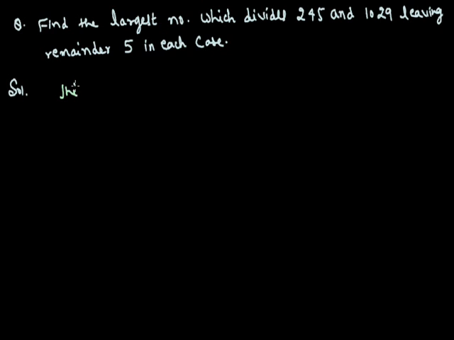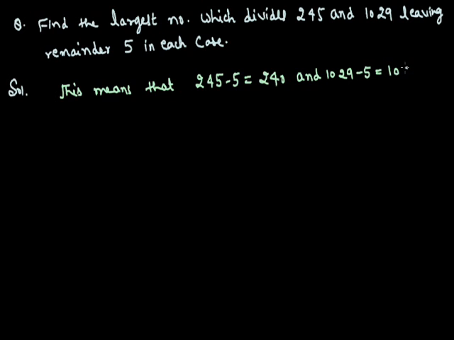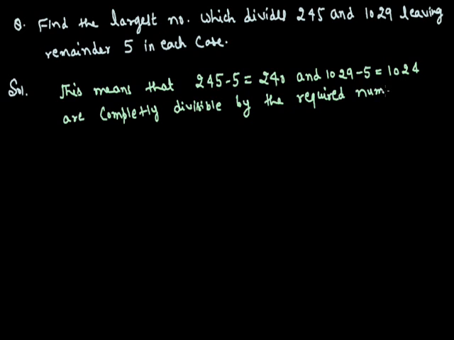This means that 245 minus 5, which is equal to 240, and 1029 minus 5 equal to 1024 are completely divisible by the required number.